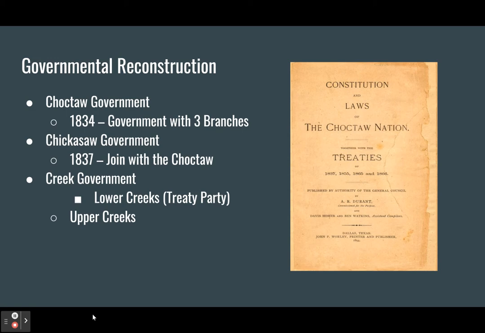It shows the fact that they're not comfortable with each other. They're not comfortable with the idea of identifying themselves as all one Creek nation. It's indicative of how long and how deep those divisions are.